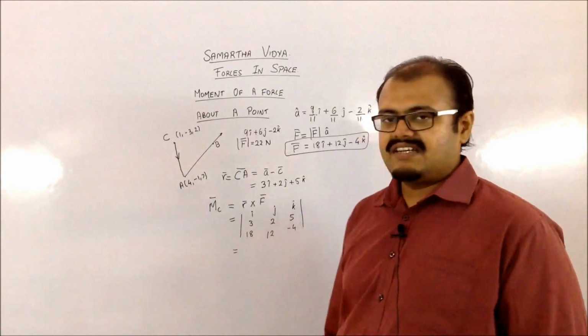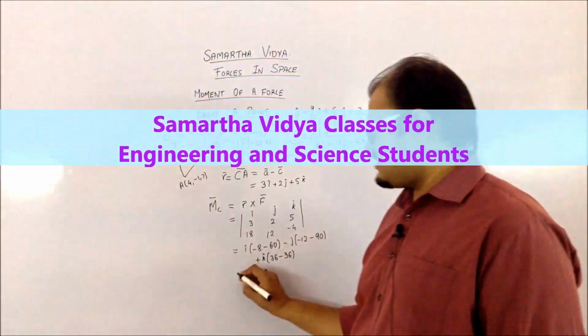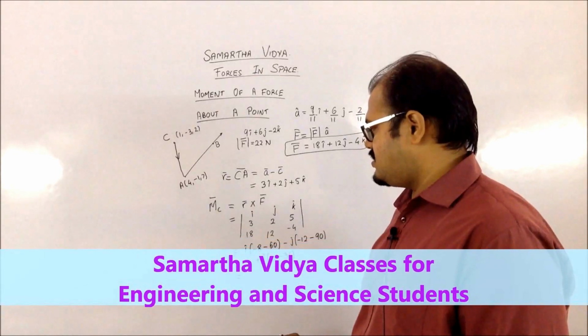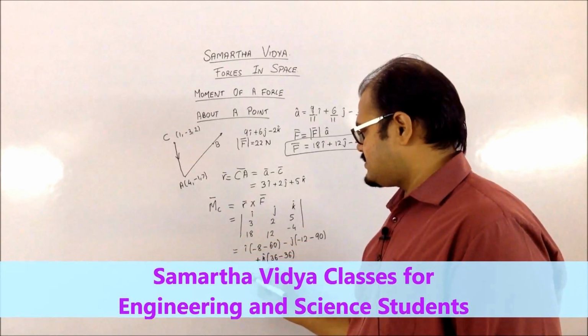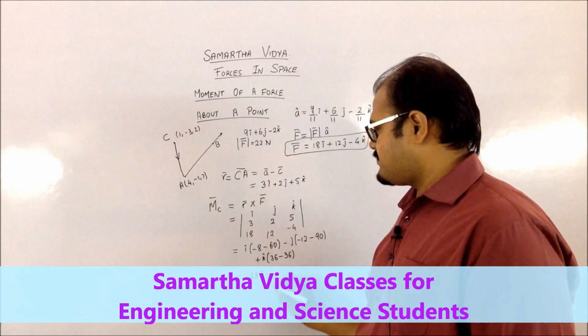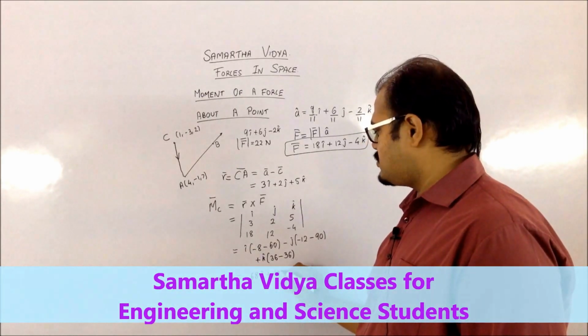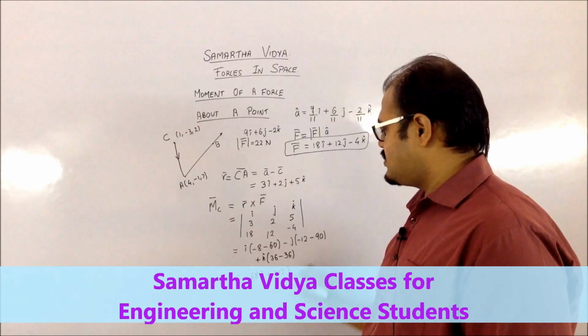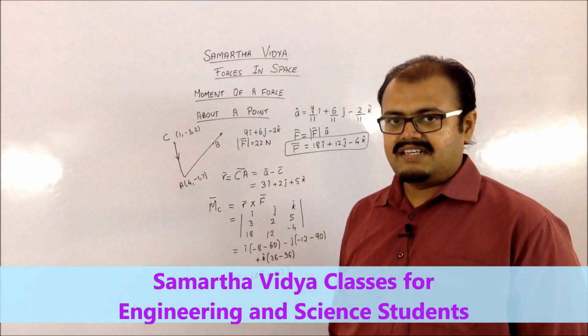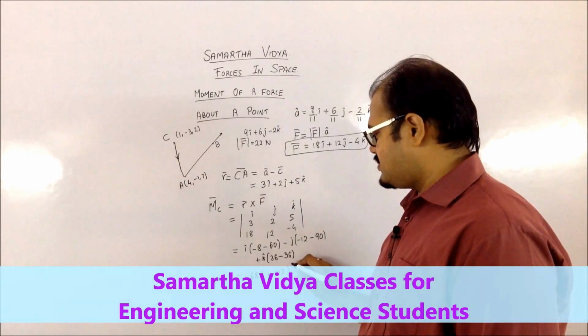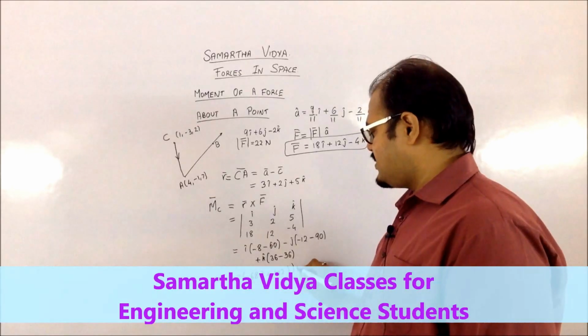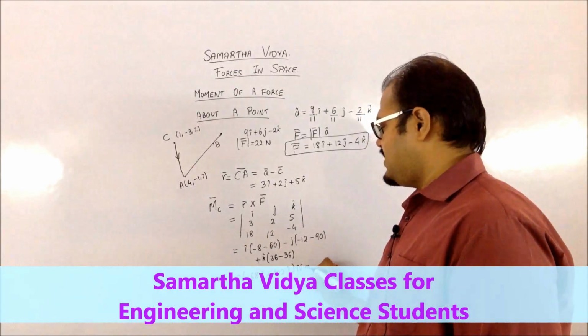So you need to calculate this determinant. After calculation, that is equal to minus 68 i cap plus 102 j cap. So this is going to be your moment, and you should know that the unit for this is newton meter.